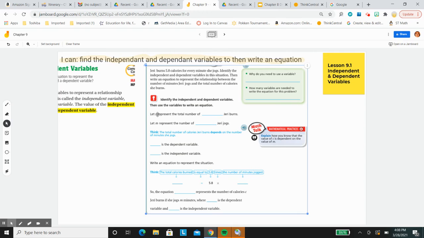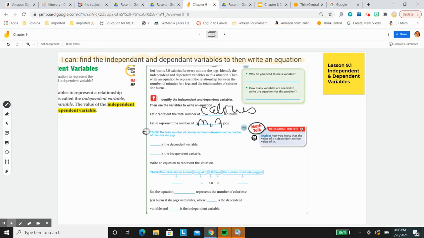Okay, we're going to let C represent the total number of calories, and M is going to represent the minutes that she jogs. Okay? So let's think about this.